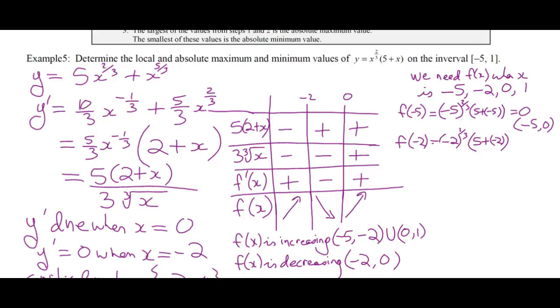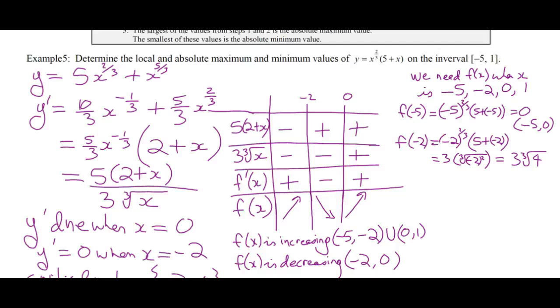Okay, so it's 3 times the cube root of -2 quantity squared, which will be 3 times the cube root of 4. So we can do a little bit of simplification in here, because we can't do the cube root of -2 squared, but we can write it as the cube root of 4. And that gives us an idea as to its size, right?